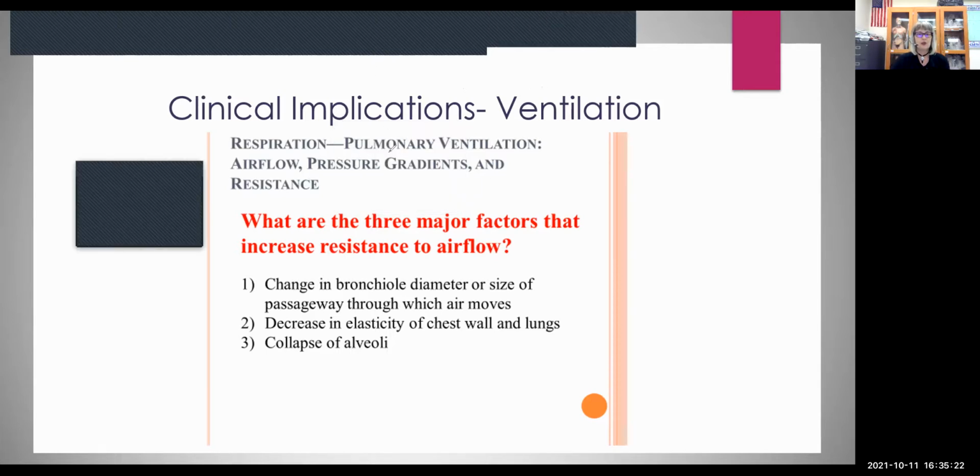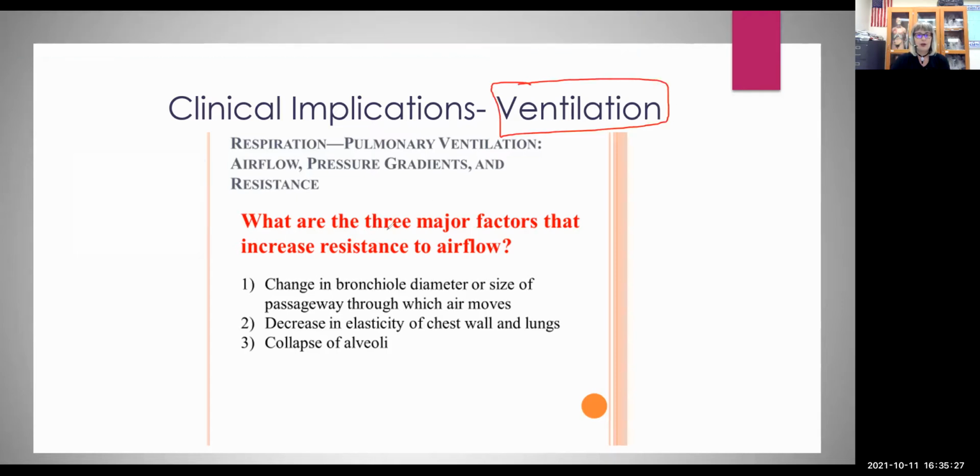I just did want to show you that ventilation is super important. And what are the three major factors that increase resistance to airflow? Well, if the diameter of the bronchioles are smaller or constricted, less air flows in. So that's very important. Also, the elasticity of the chest wall and the lungs so that air can come in.